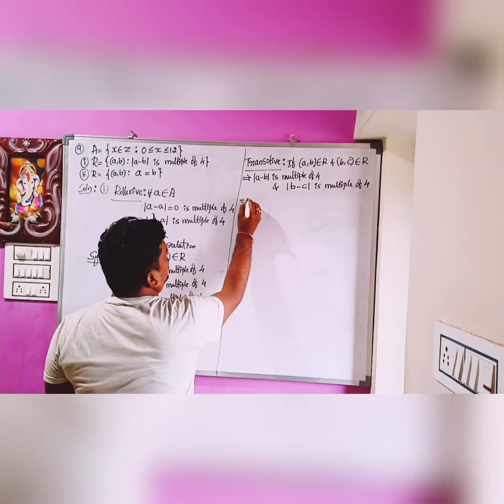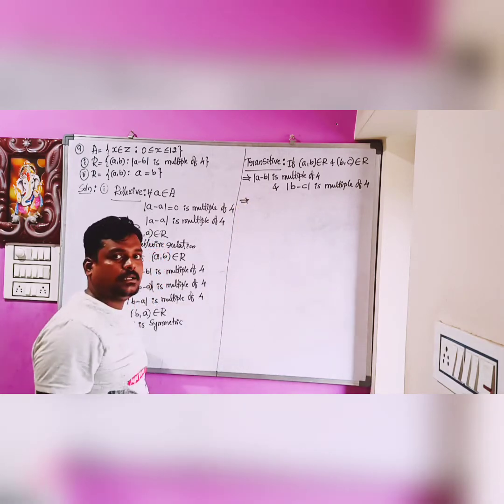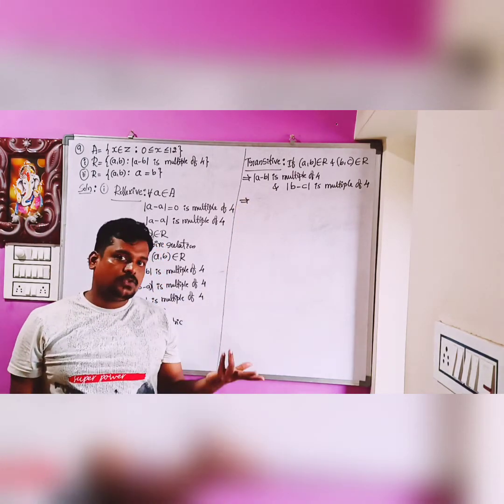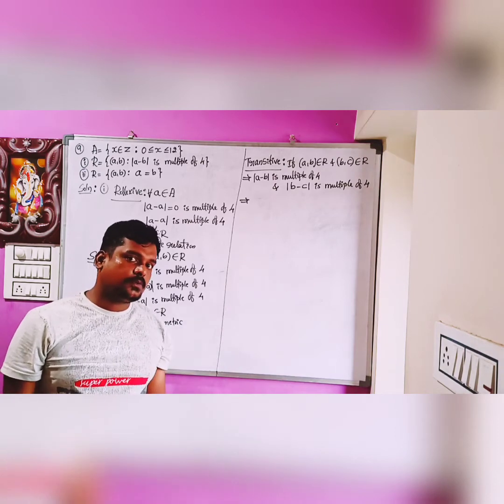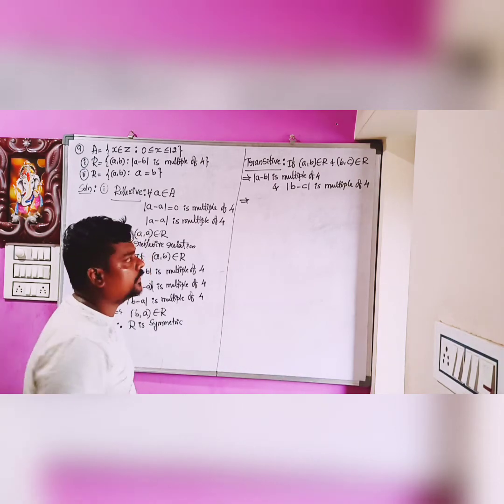Next, the addition of multiples of 4, like 4 and 8, the addition is 12. 12 is also a multiple of 4.